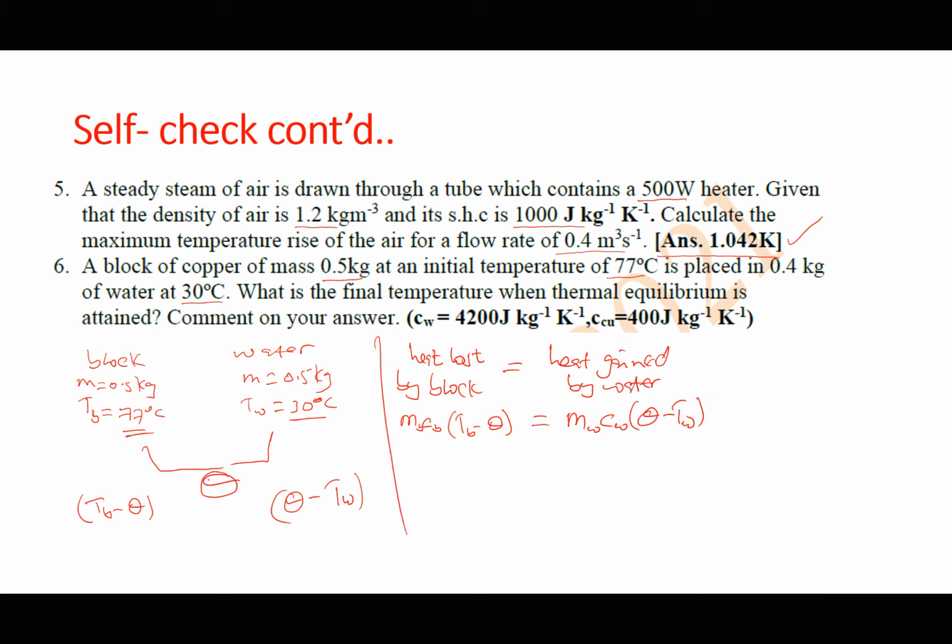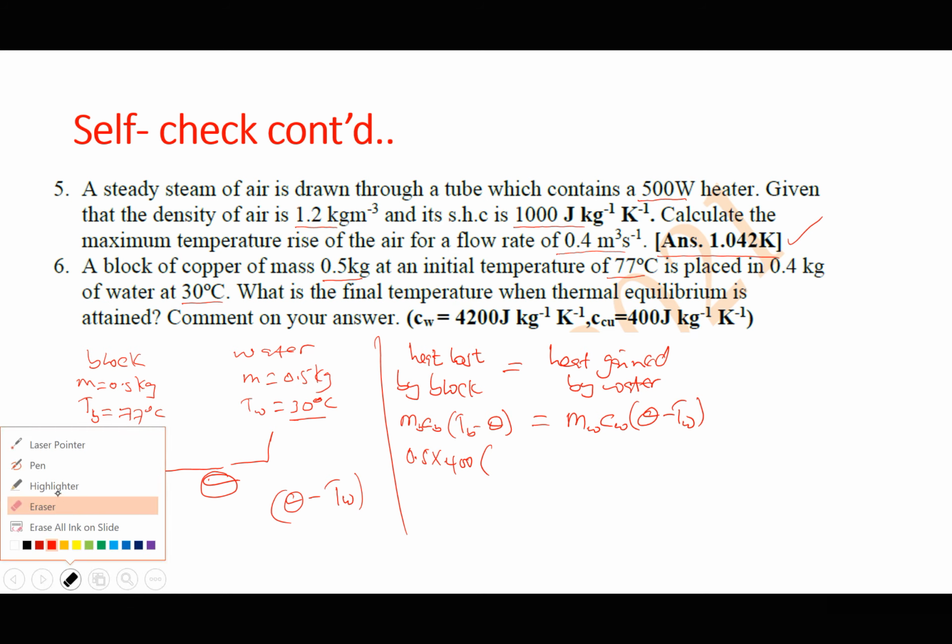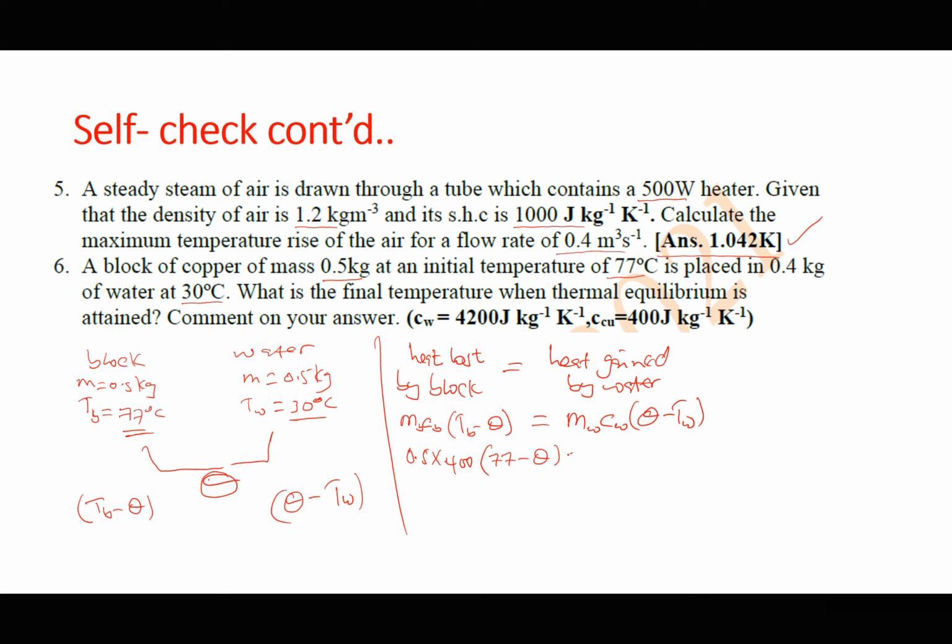We are interested in the final temperature theta, so we simply do the substitution and algebra here. So this will be 0.5 times the specific capacity of the block, which is copper, that is 400, times the temperature of the block, which is 77 minus theta.